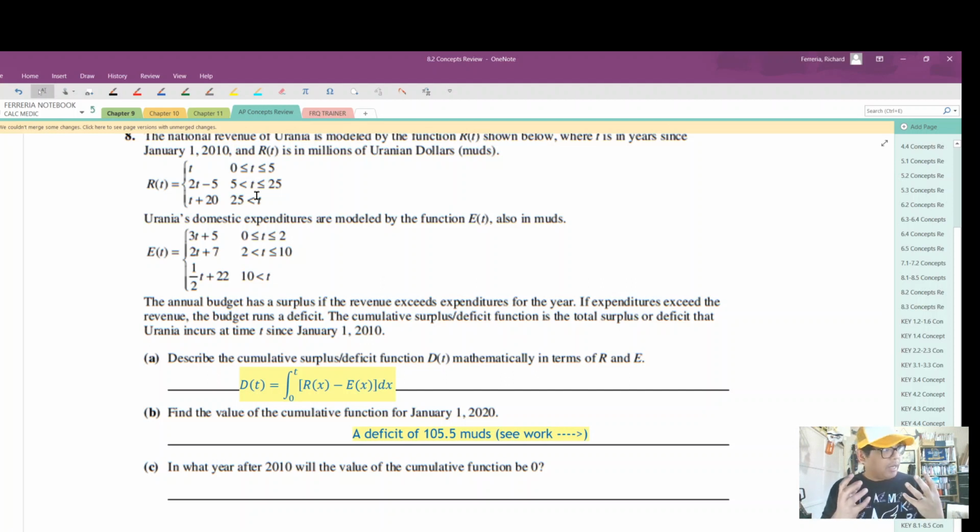So if the integral of r is equal to the integral of e somewhere from 10 to 25, then we only have to deal with one integral. But if that one integral doesn't work, then we're going to have to look at two integrals. Let's look at the best case scenario right now, the easiest case scenario.